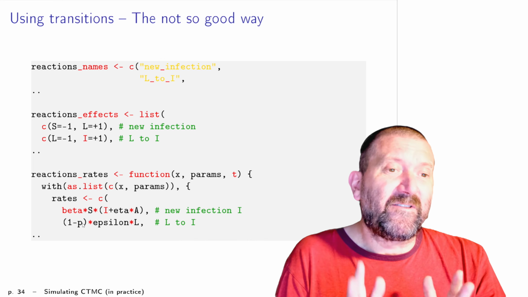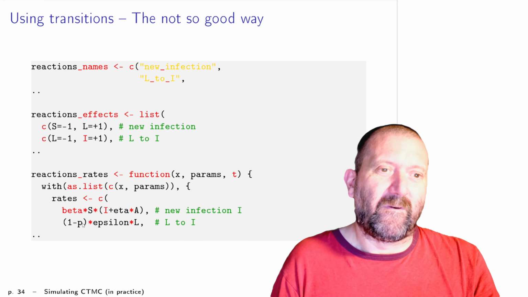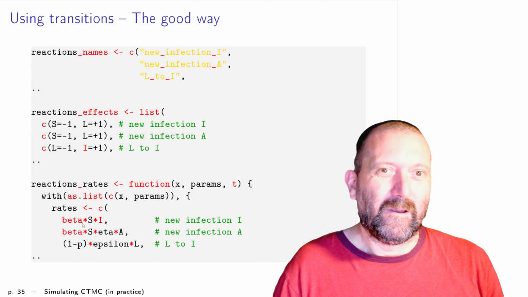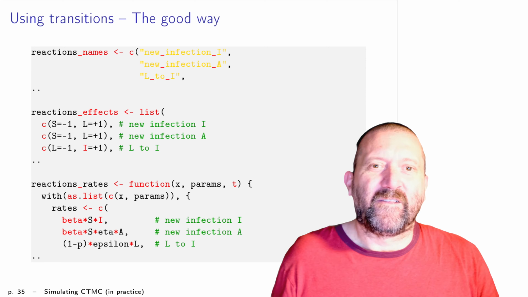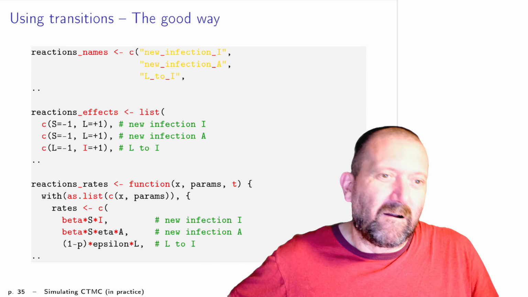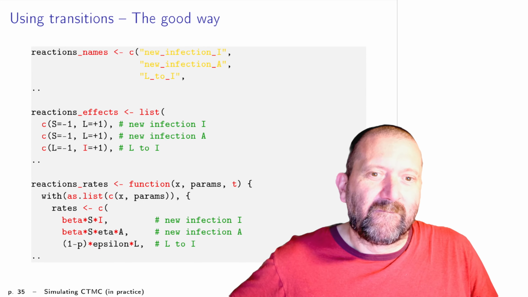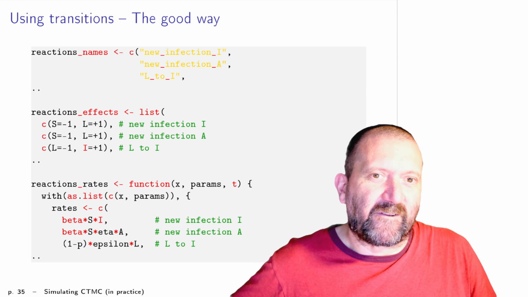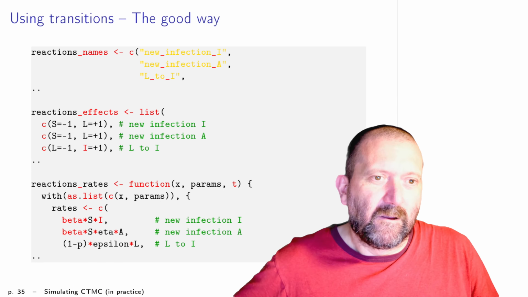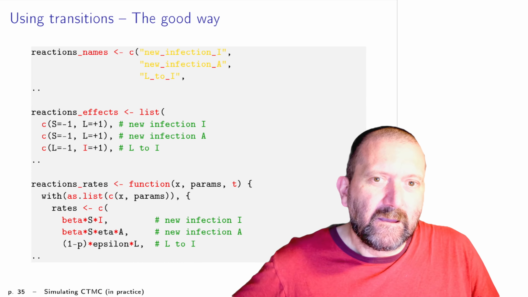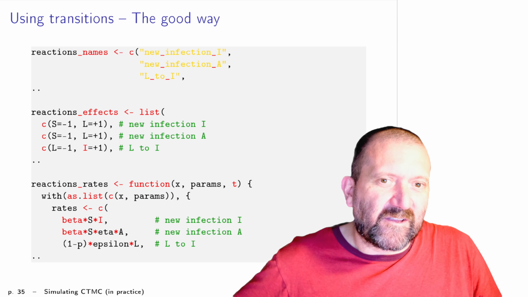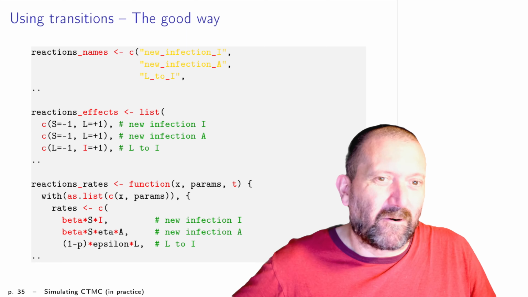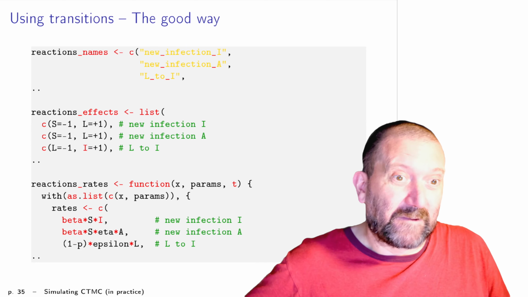But that is not taking full advantage of what Markov chains allow you to do. What if I do this? Instead of doing new infections, let me split the new infections, because I have two different events that can take place. I can infect someone when I'm an I person. The effect is exactly the same: whether I'm infected by an I or infected by an A, I end up in the same place.